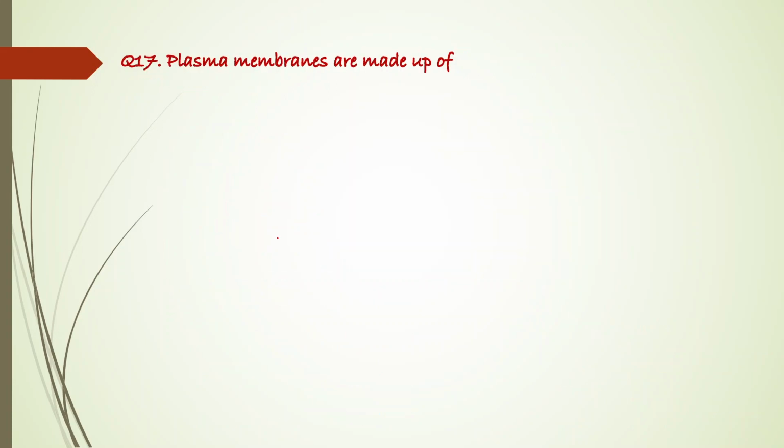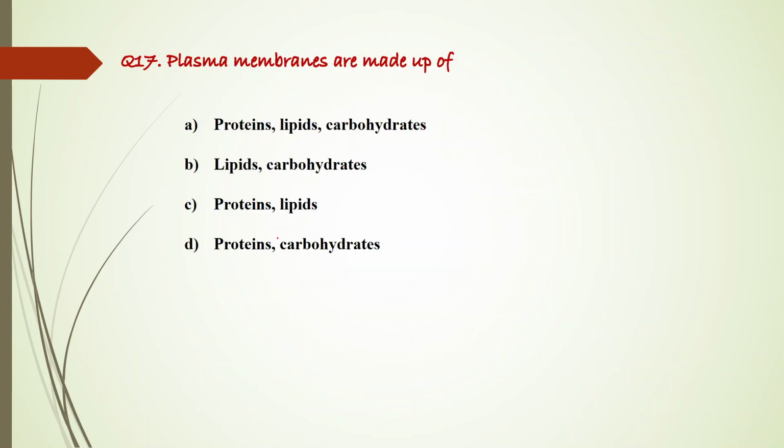Okay. Fine. So our next question says, plasma membranes are made up of what? For a large number of questions we're discussing these plasma membranes or bilipid membranes. What are they made of?